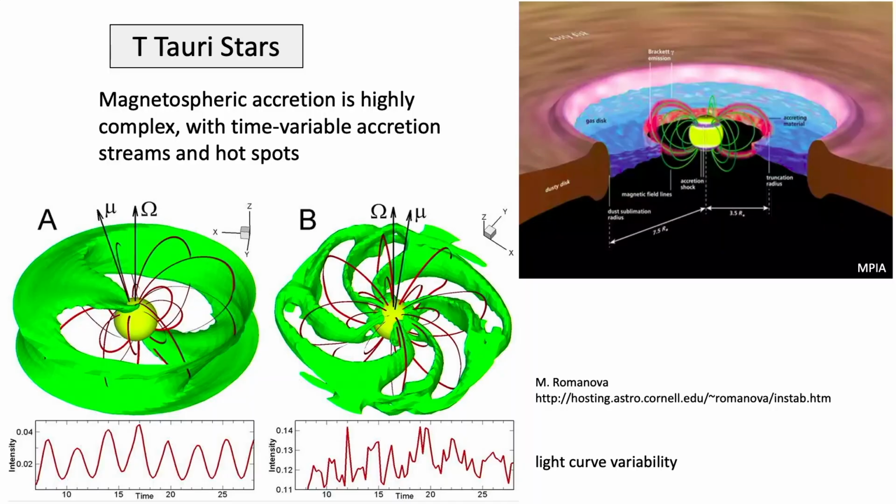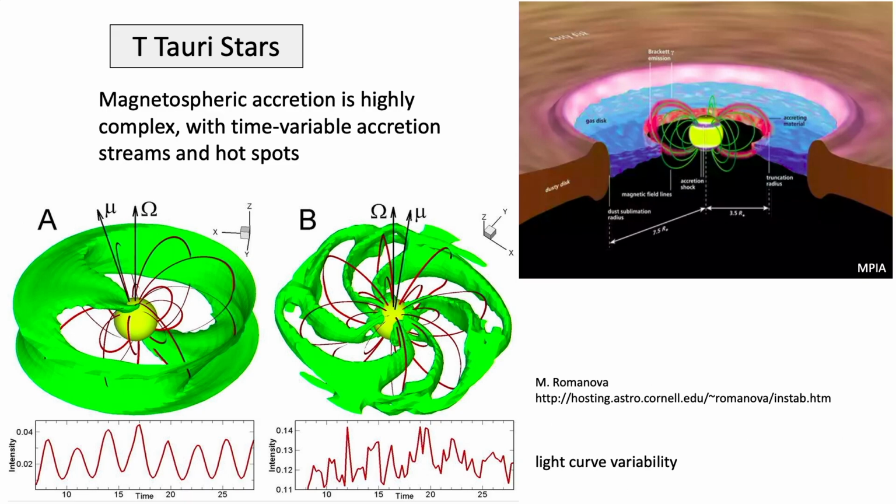This is a sort of a snapshot from simulations of accretion. You see magnetic fields. You see the inner border of the disk, and the simulations take it from there and simulate how the mass drops onto the star along the magnetic field lines. It's a very dynamical process and needs to be simulated to show you what's coming out.